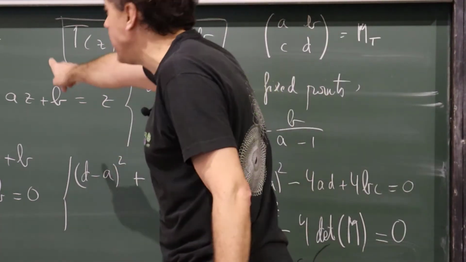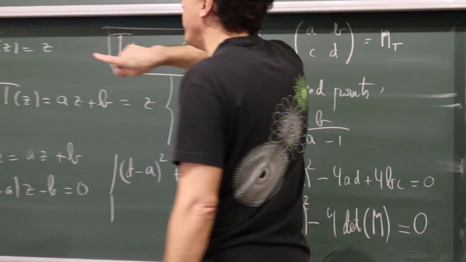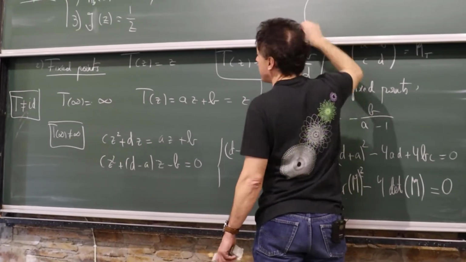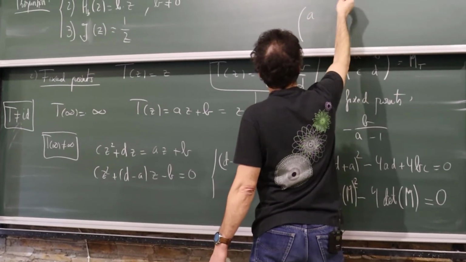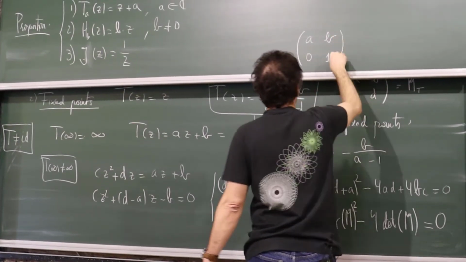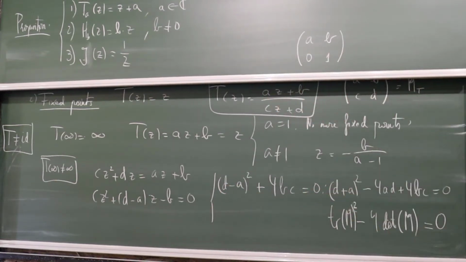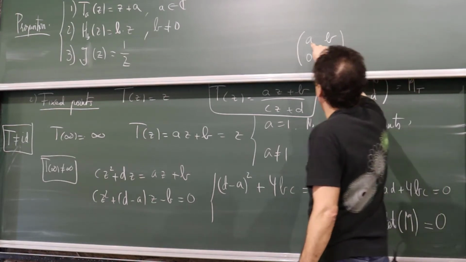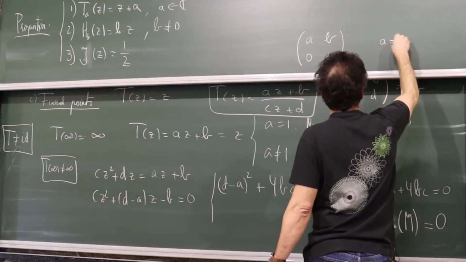Let us observe that in the preceding case, where T of infinity is infinity, the matrix was something like this: (A, B; 0, 1), and the condition for having only one fixed point was A equal to 1.